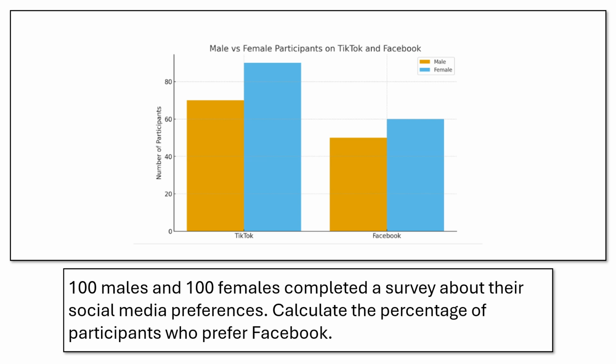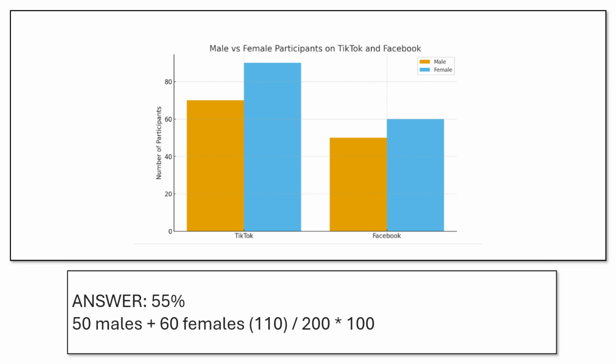Okay, our answer here is 55%. So we've got 50 males and 60 females. That's 110 divided by 200 times 100.